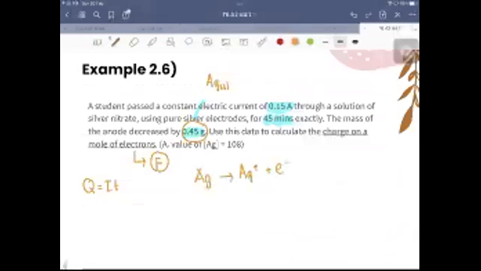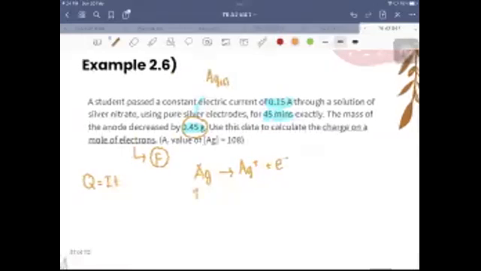So you can see here, to deposit 1 mole of silver, or to lose 1 mole of silver in this case, because we're talking about the loss of silver, you will release 1 mole of electrons.